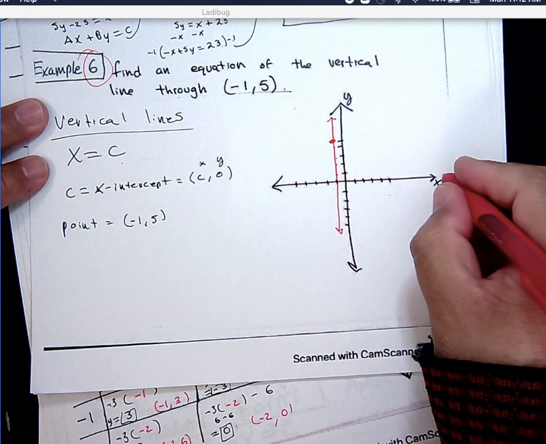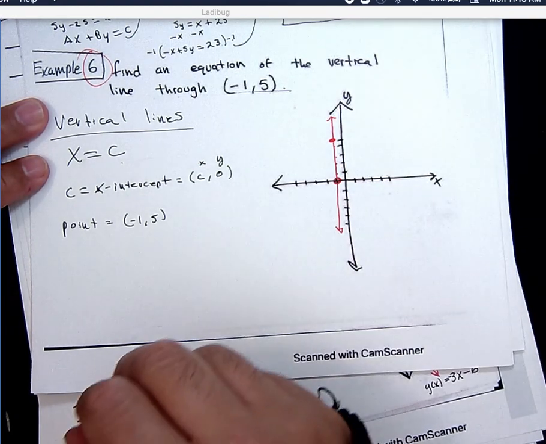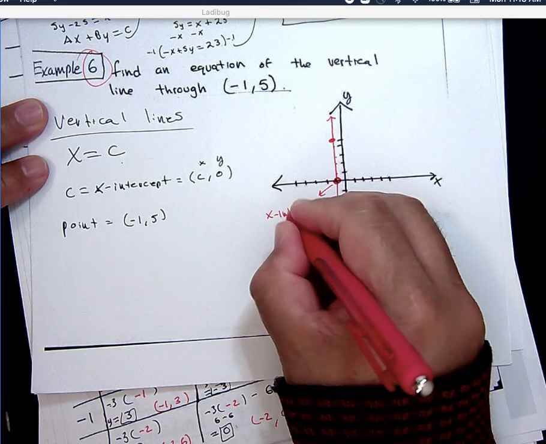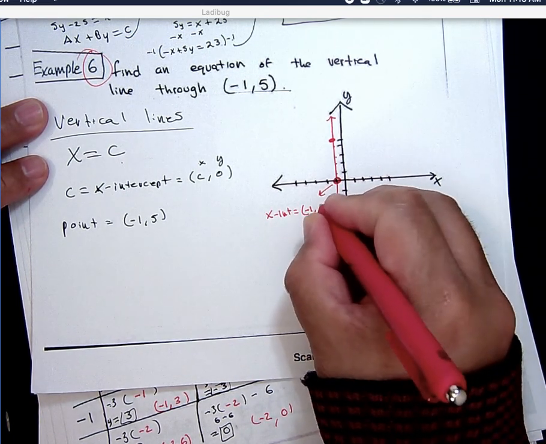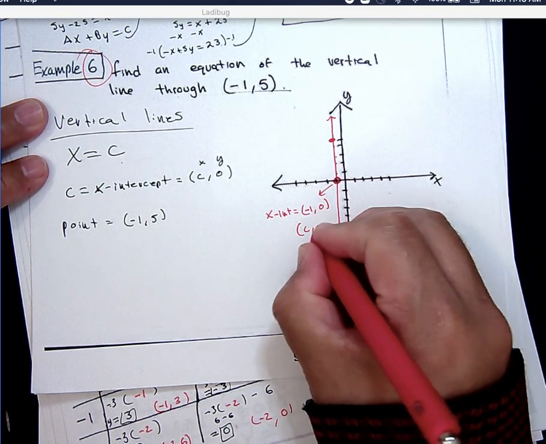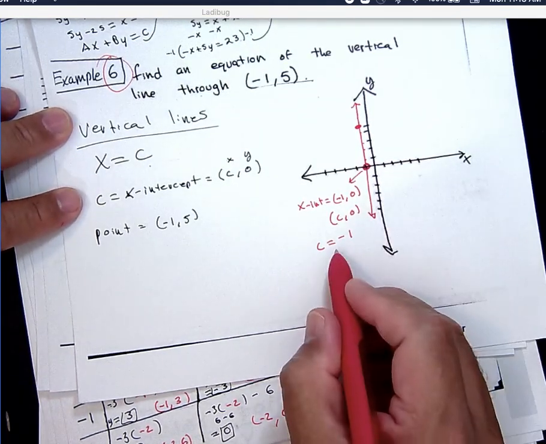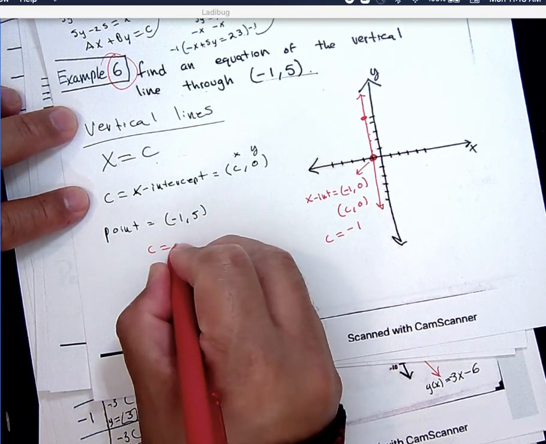Where does it touch the x-axis? Touches it right here. So that would be the x-intercept. So the x-intercept is negative 1, 0. So that means this is the c and the 0. So that means the c is equal to negative 1.